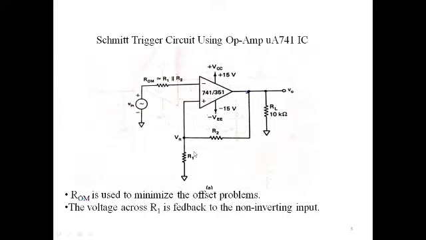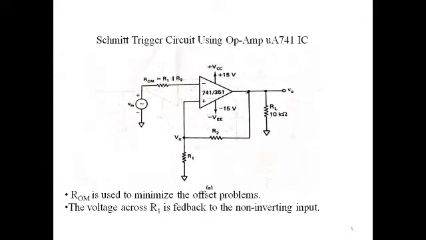This voltage across R1 mainly depends on the value and polarity of the output voltage V0. Suppose when the output voltage is at plus V saturation, the voltage across R1 is called the upper threshold voltage, that is VUT.